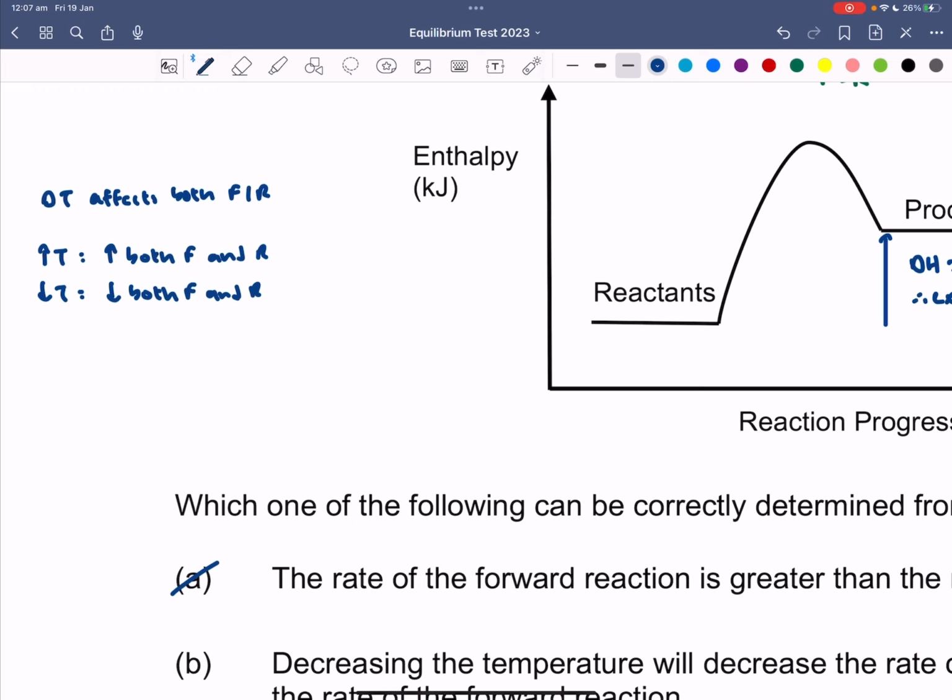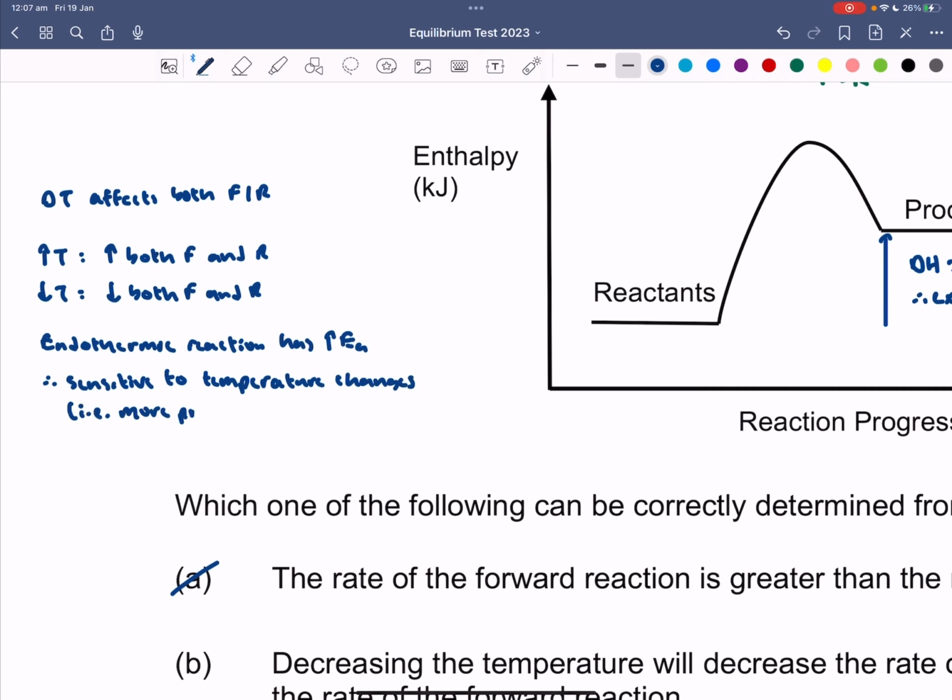Now, what we need to know is that the endothermic reaction has a higher activation energy, and therefore it is more sensitive to temperature changes. Because of the higher activation energy, it is more profoundly affected. Okay? It is more profoundly affected.